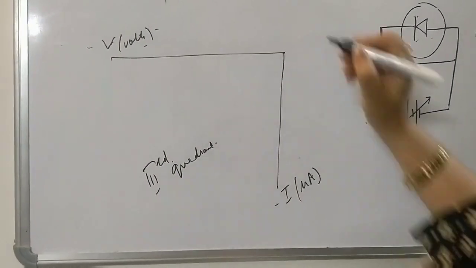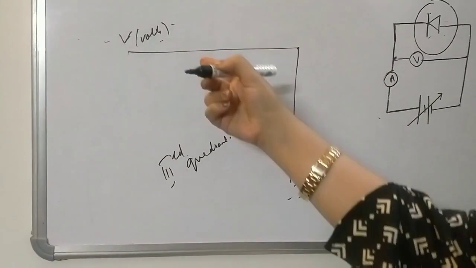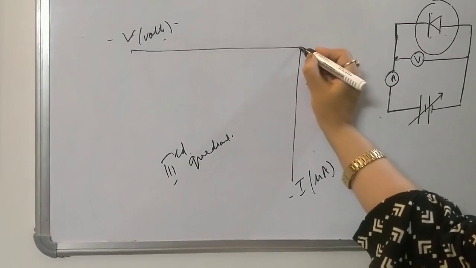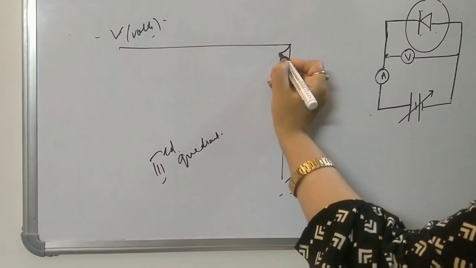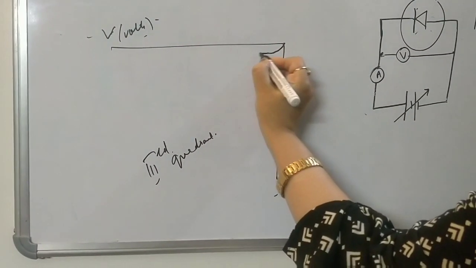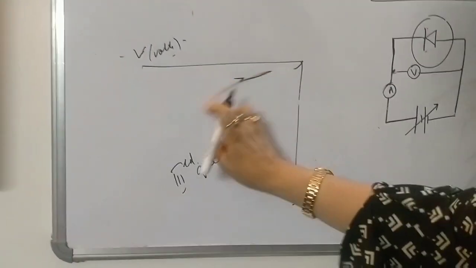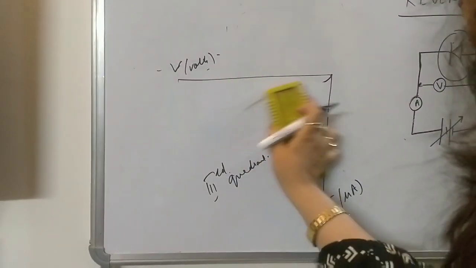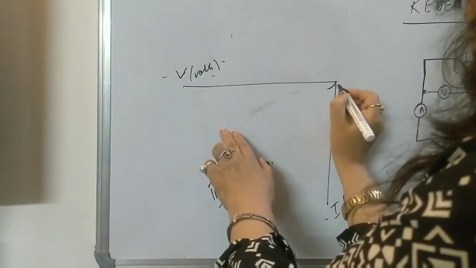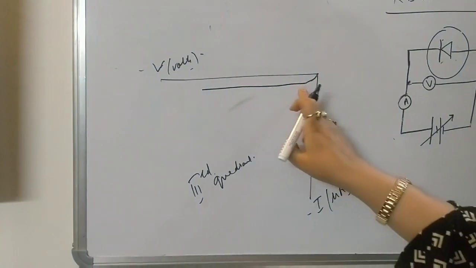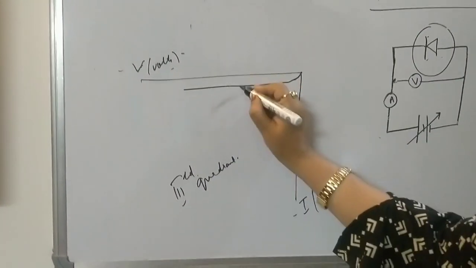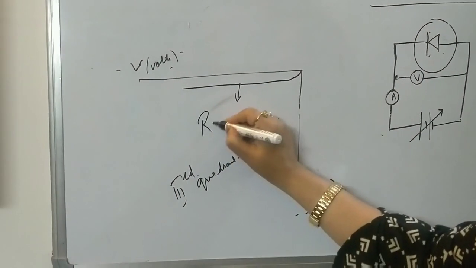Now here, as soon as we supply the voltage, the current starts flowing. And after some time this becomes steady. And this is called your reverse saturation current.